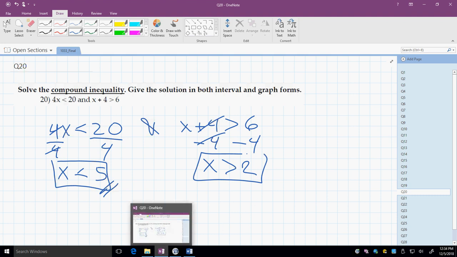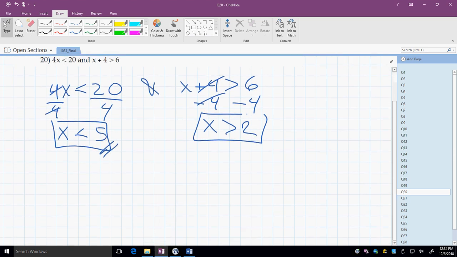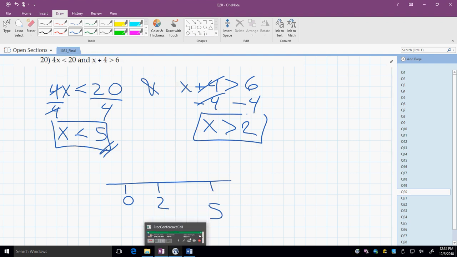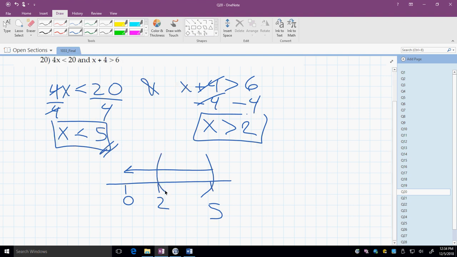The thing about "and" is that the solution is where the two overlap. If we don't have overlapping, it's no solution. When you have an "or", it's whatever is on the graph. On the number line, we have 0, 2, 5. x is less than 5, so it goes this way, and x is greater than 2, so it goes this way.